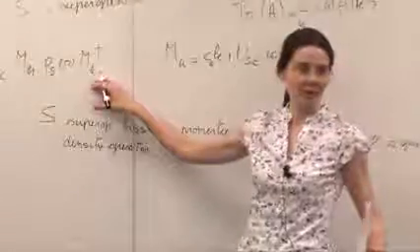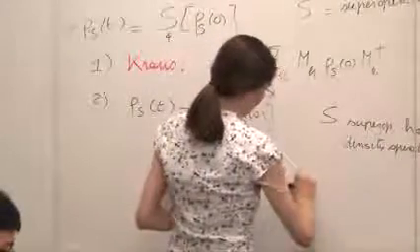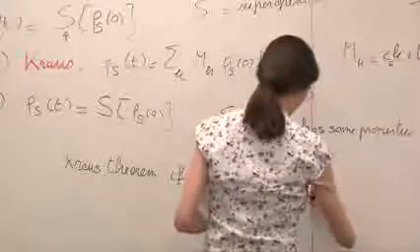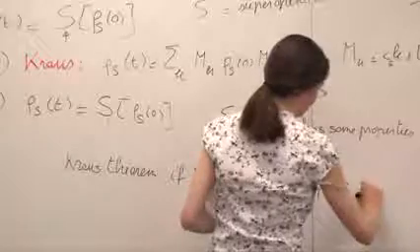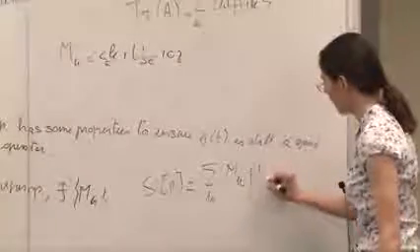Whenever you have a superoperator which has this mathematical property which I just erased, then you can always find a set of Kraus operators with which you can describe it. So the Kraus theorem tells you, if S is a good superoperator, then there always exists a set of Kraus operators M_k, so that S of rho can also be written as a Kraus sum, sum over k of M_k rho M_k dagger.